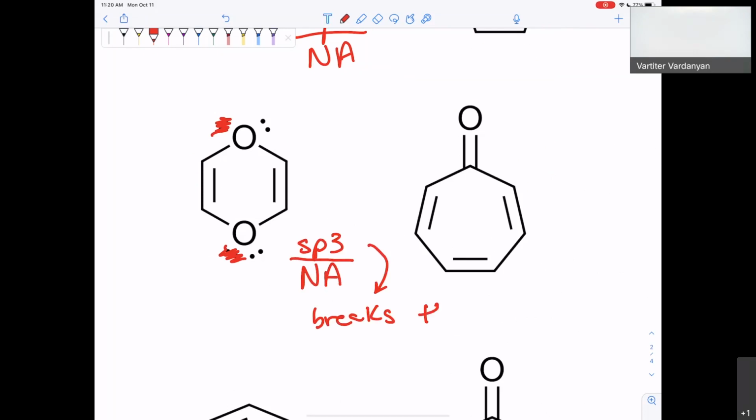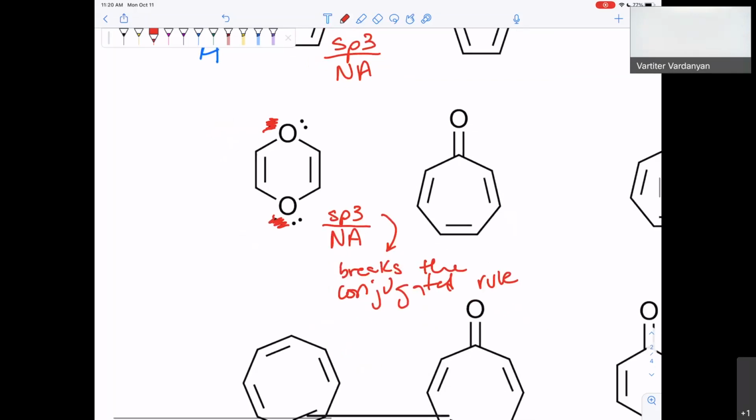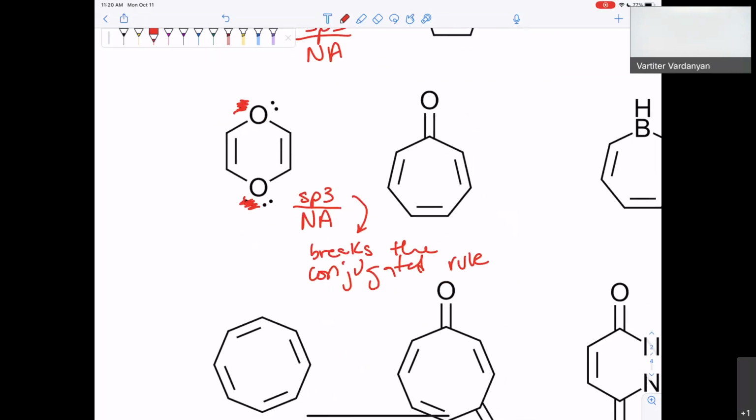Yes, it breaks the conjugated rule. So we're just going through the 2 options: either it could be sp2 or it could be sp3. Since sp3 is always non-aromatic, that's just the one I write out first.